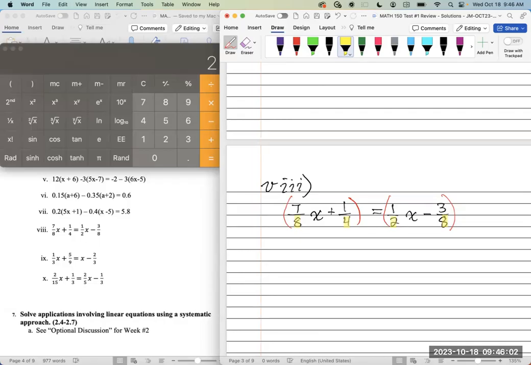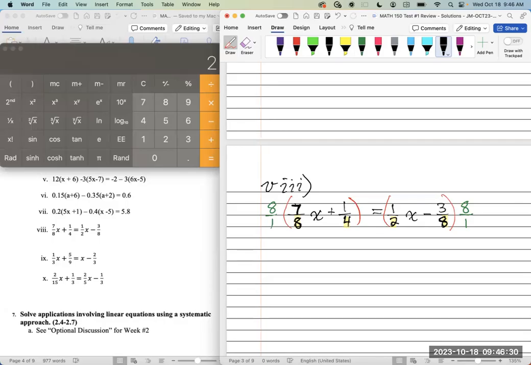Looking at 8, 4, 2, and 8, the least common multiple, well, I can always multiply those numbers together, 4 times 2 times 8, and get a multiple. It might not be the smallest multiple. In this case, looking here, I'm recognizing that 8 would be the smallest multiple. If I pick the number 8, multiply each side, all of my fractions will become integers.